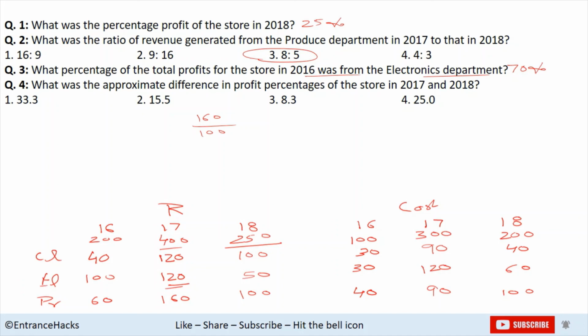Fourth: what was the approximate difference in profit percentage of the store in 2017 and 18? 2017 profit is 400 minus 300 upon 300, so that is 100 upon 300, that is 33%. In 2018 we calculated in the first question, 25%. So that's approximately 8.3%. So this is our answer.